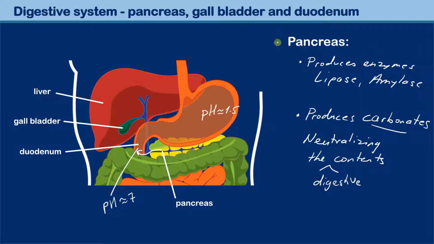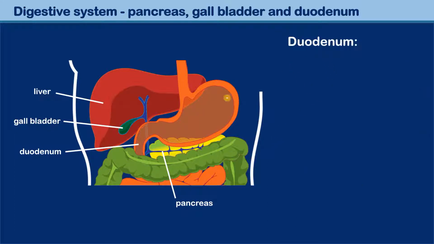Oh, yes, for a later topic, the pancreas also produces important hormones, but these things are not directly relevant for digestion. And the duodenum starts over here at the end of the stomach, and that is nothing more than the first part of the small intestine.